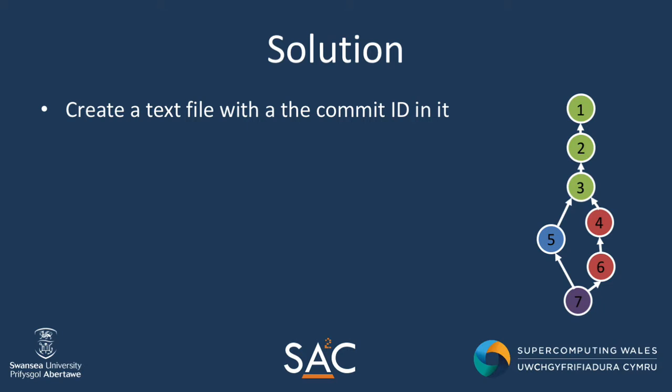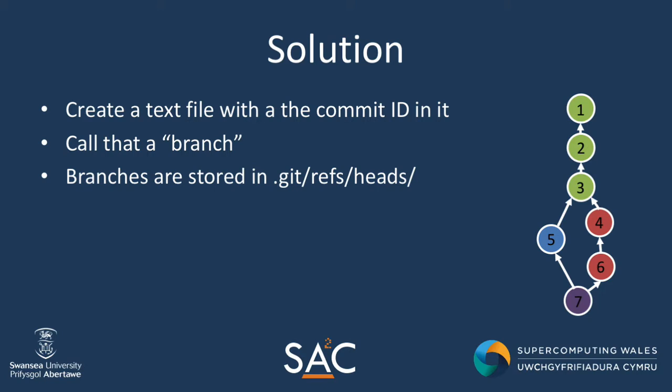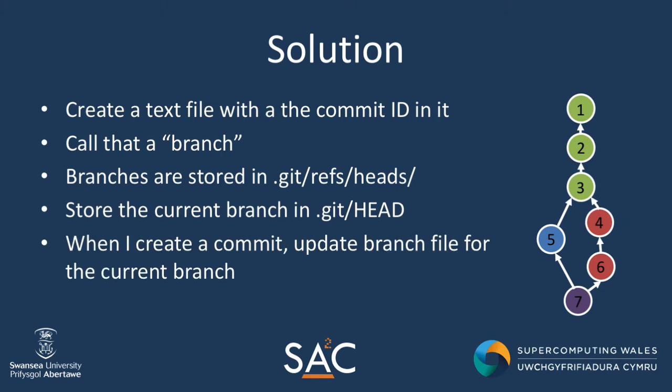We create a text file and we put a commit ID in it. We call this a branch. We store them in a location, and whenever we create a commit, we just write a new commit ID into this branch, into this file. Right, and we can see these files in a second, and we've essentially solved the problem.